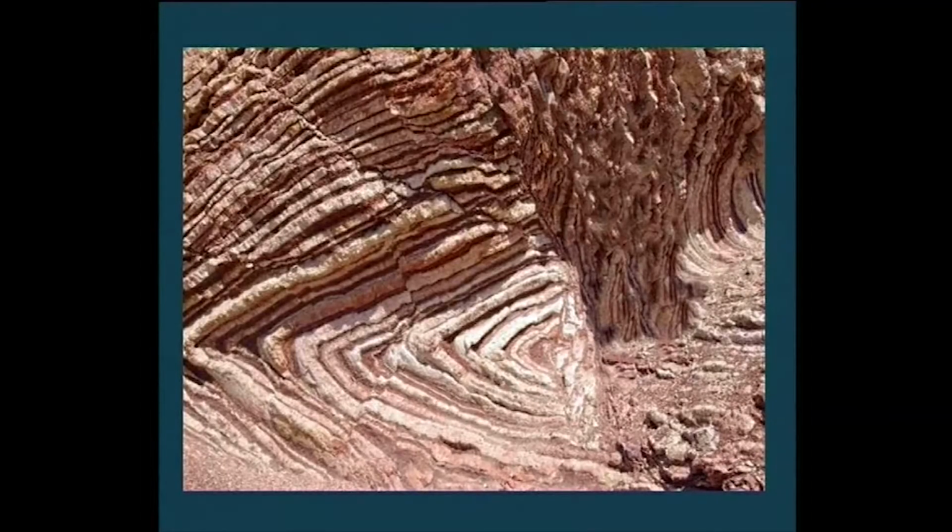If we view it on plan, we can know the direction of closure, and if we know the direction of plunge of the hinge line, that is the line of intersection between the axial plane cleavage and the layering, we can easily identify the fold as an antiform or a synform.